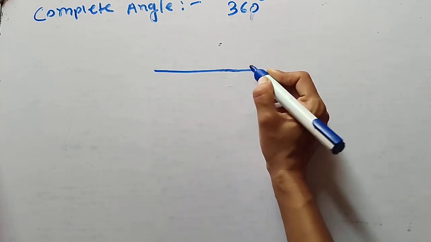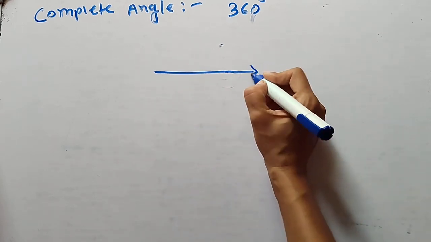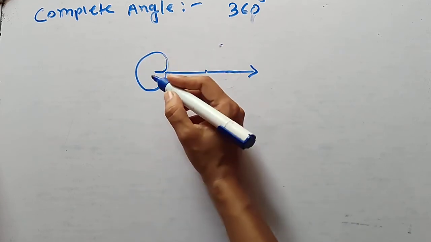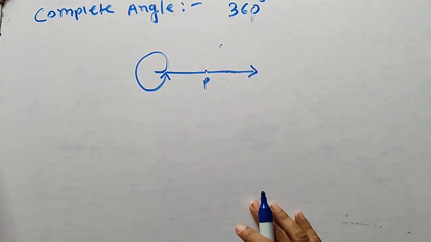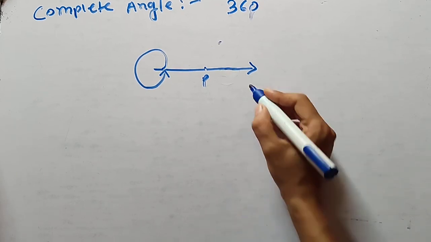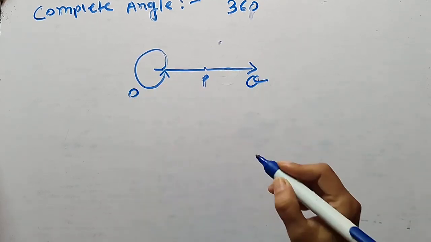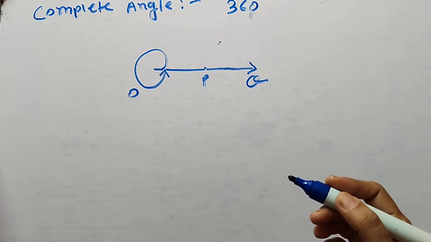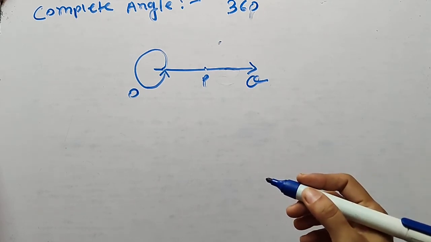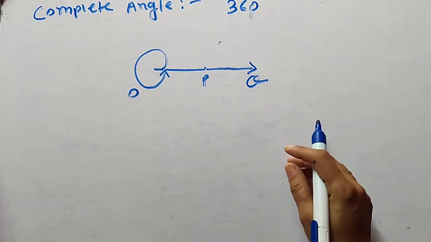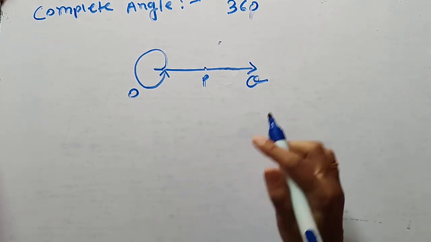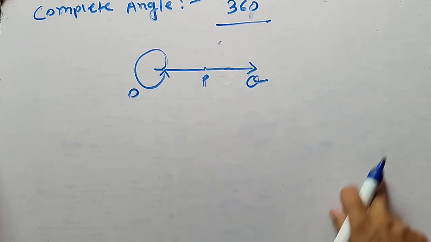We get a complete circle. So these are the types of angles: right angle, straight angle, acute angle, obtuse angle, and complete angle. Complete angle means a complete 360 degrees.